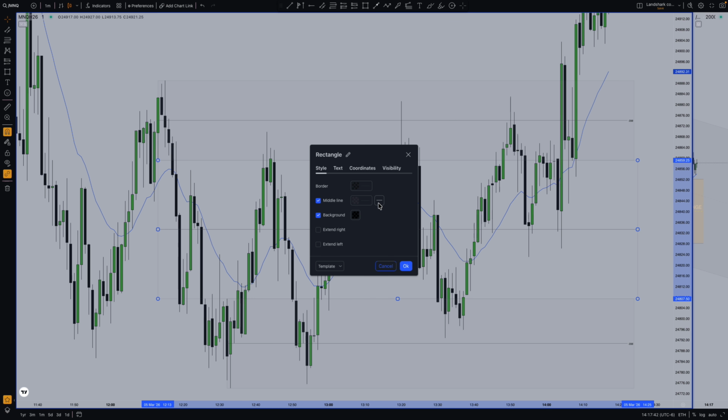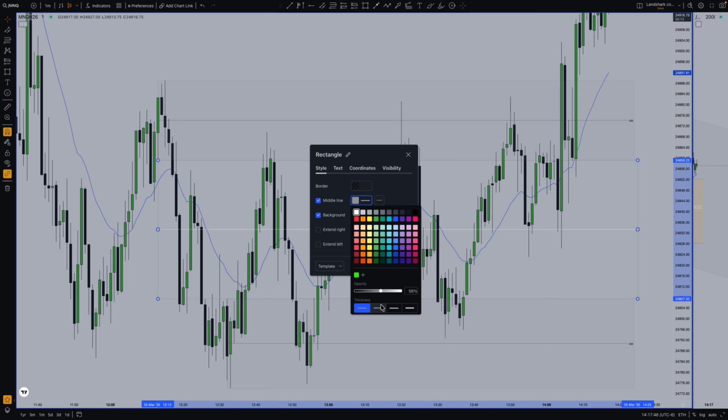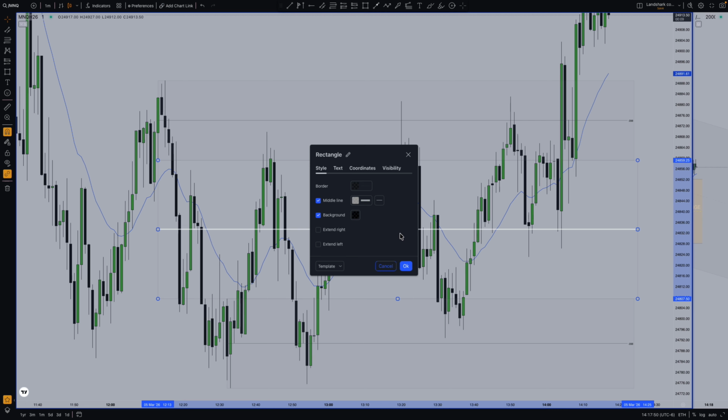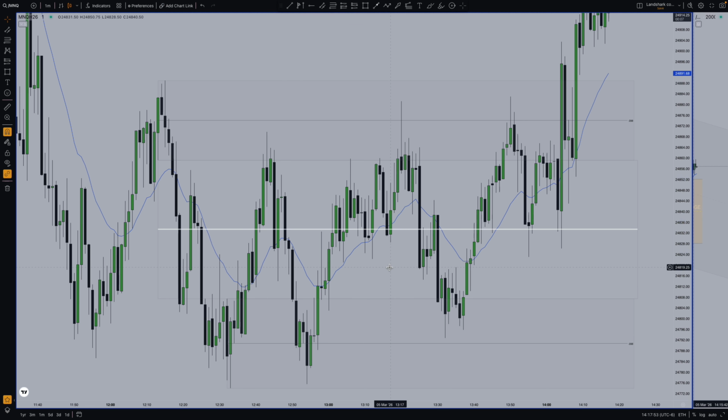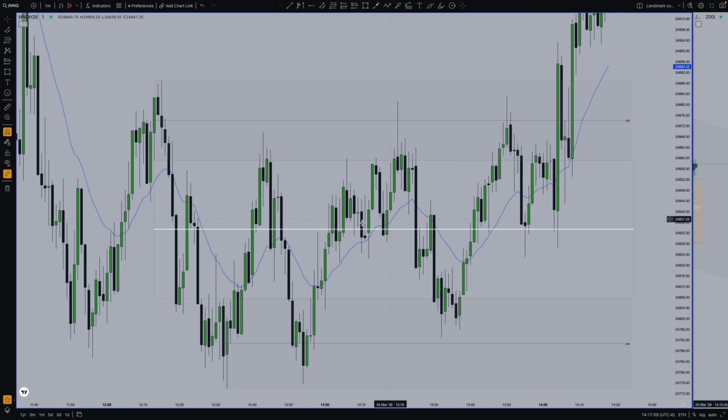Style, where's the middle line? White. All right, so here is the midpoint. This white line is going to be the midpoint for reference between these two CSSs.